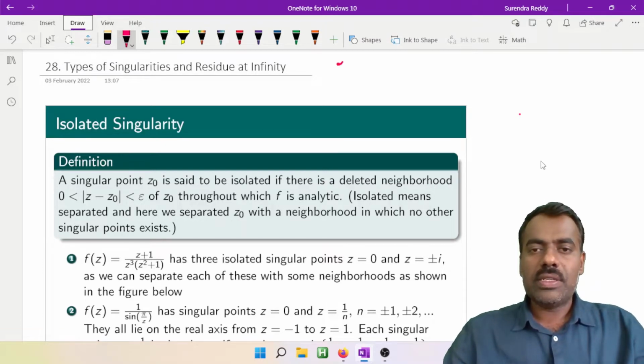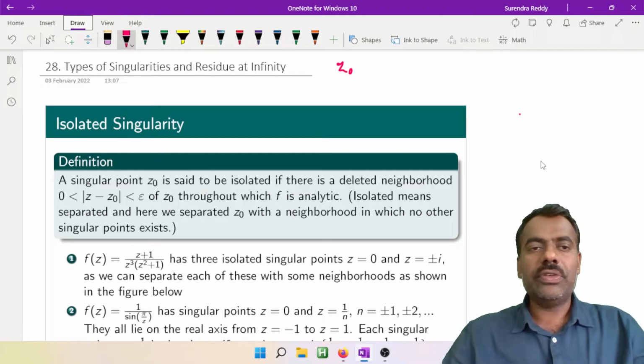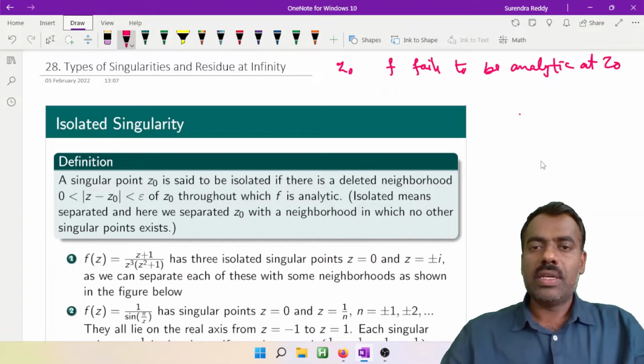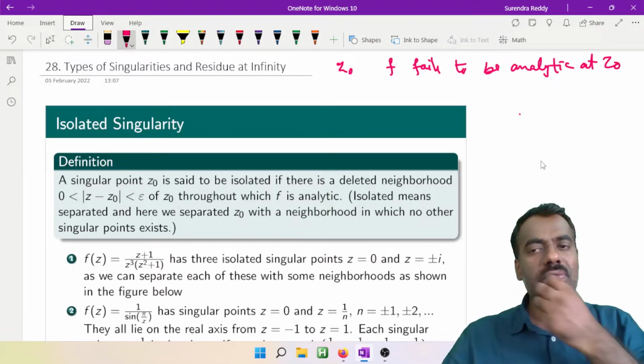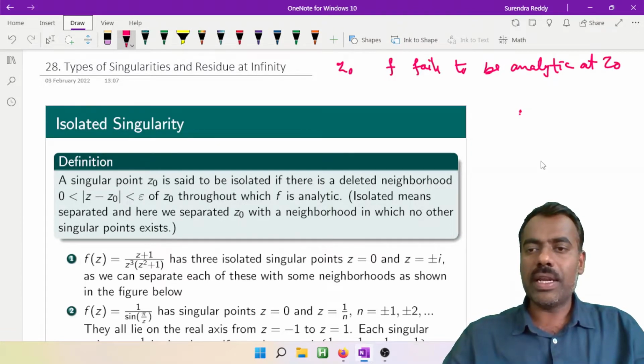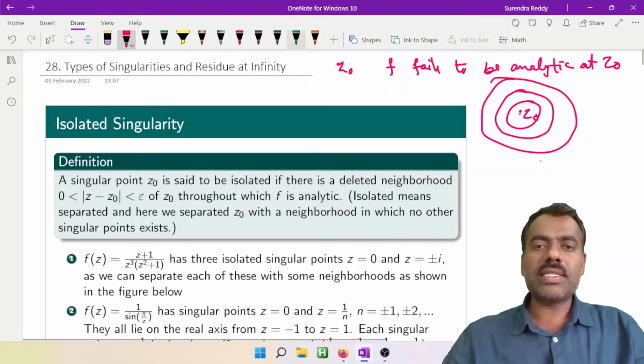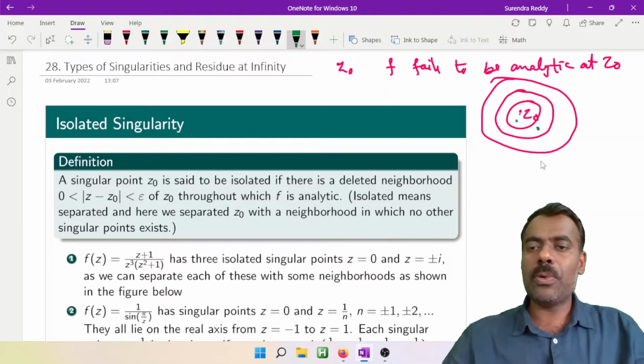Suppose z naught, if you take a function f, then f fails to be analytic at z naught. But if you take any neighborhood of z naught, however big or however small a neighborhood you take, in every neighborhood there will be at least one point where f is analytic.